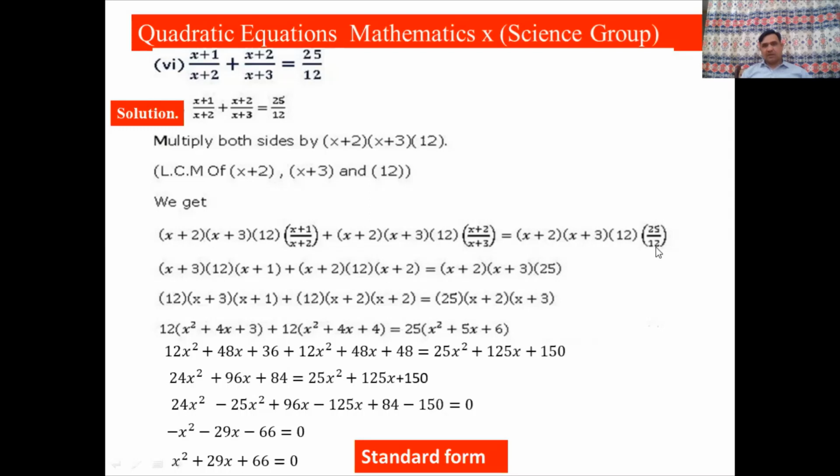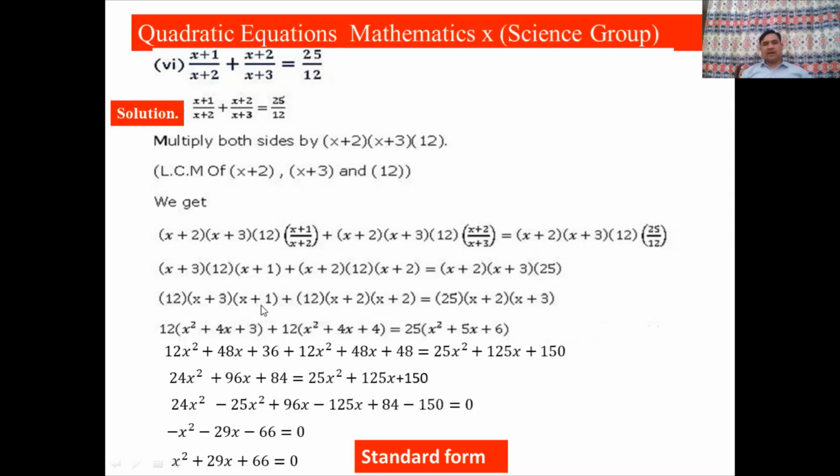Again this 12 will cancel out with this one, and we are left with this. We just have to arrange it, writing 12 here first, and here 12 first, and here this is 25. Again we have to multiply in a similar manner.